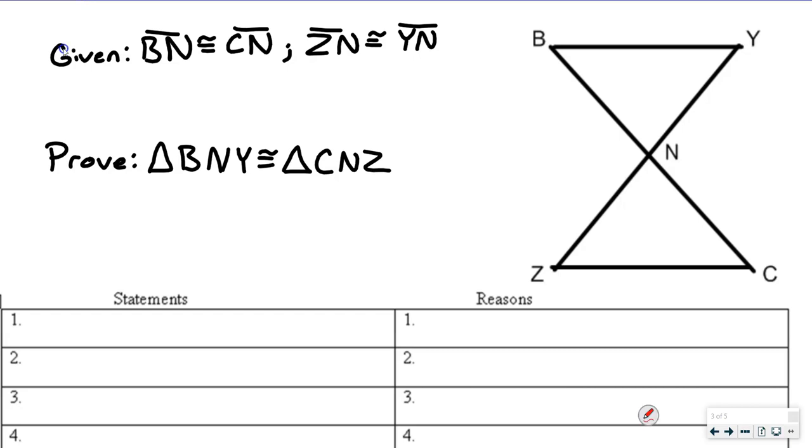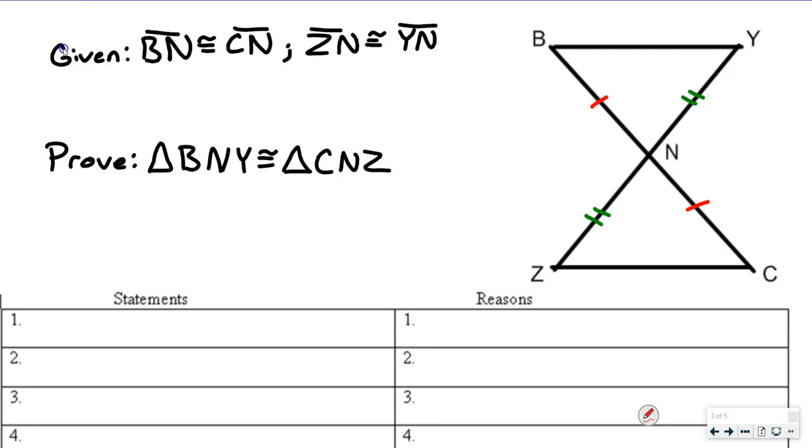We want to mark our image BN congruent to CN. So BN and CN are congruent. And we know ZN and YN are congruent. So let's go ahead and get that down in our statements.